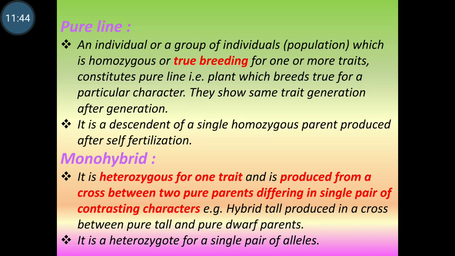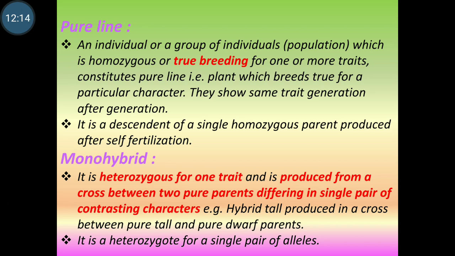Pure line, an individual or a group of individuals which is homozygous or true breeding for one or more traits constitutes pure line. That is, plant which breeds true for a particular character, they show same trait generation after generation. It is a descendant of a single homozygous parent produced after self-fertilization.